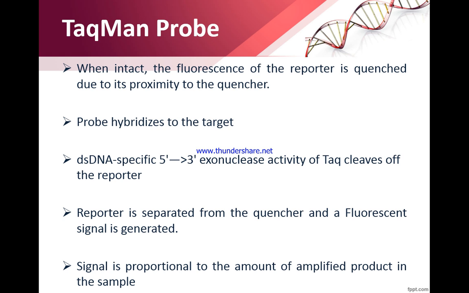We will see this pictorially in the next slide, which will remove your confusion, if any. The reporter is separated from the quencher and a fluorescent signal is generated. The signal is proportional to the amount of amplified product in the sample.